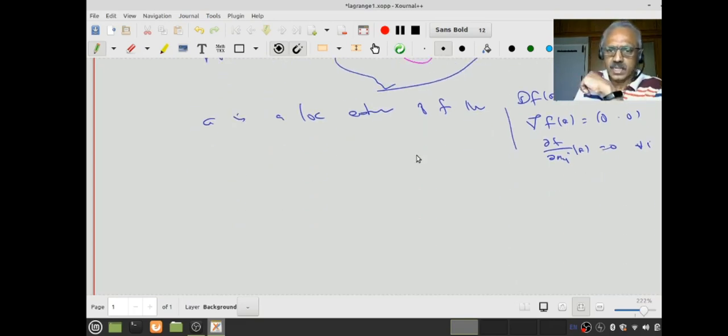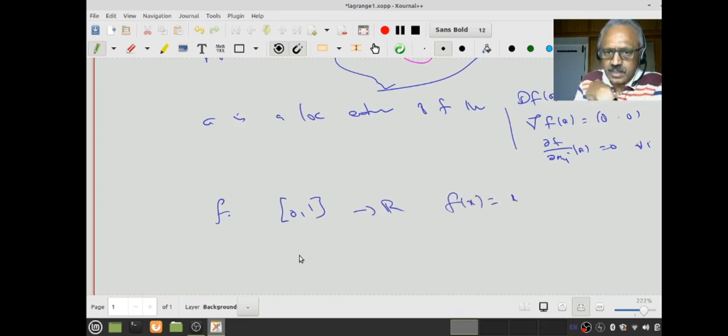But in general, f may be differentiable and this fails at other extrema. For example, let us look at f from [0,1] to R, and f of x equal to x. Then the points a equal to 0 and b equal to 1 are the minimum and maximum. This is the global minimum, and this is the global maximum. What do we mean by global?